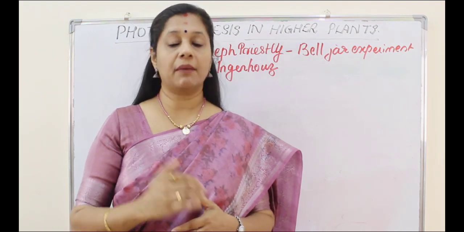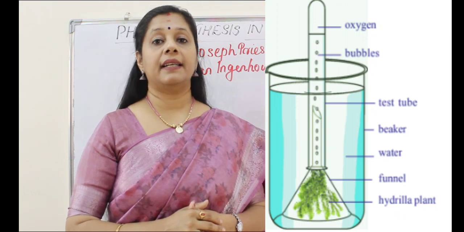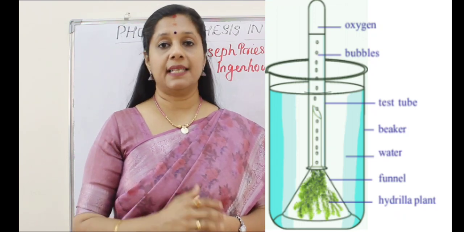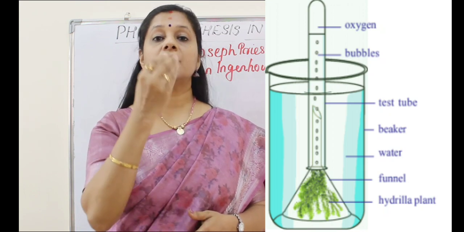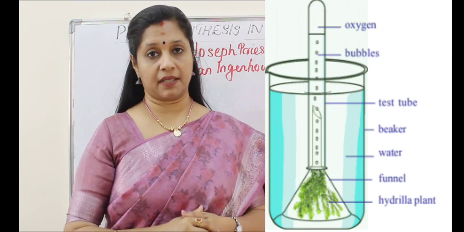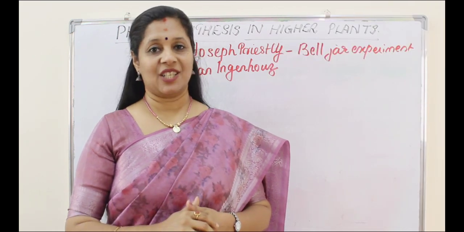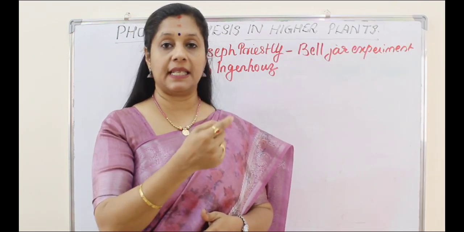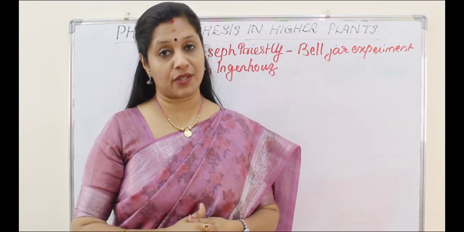He also did one more experiment. He took an aquatic plant like Hydrilla and kept it in light, and found that bubbles came out of the green plant only in the presence of light. Those bubbles he later identified as oxygen. So though oxygen was discovered by Priestley, Jan Ingenhousz found that oxygen is released during photosynthesis.